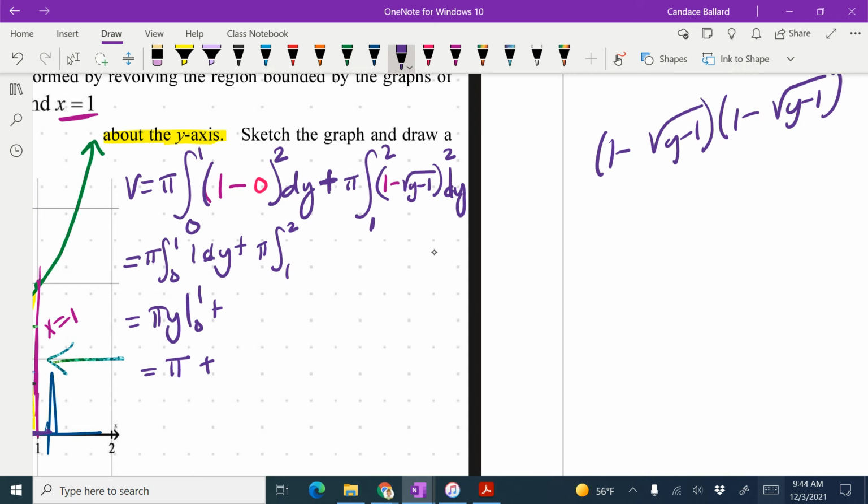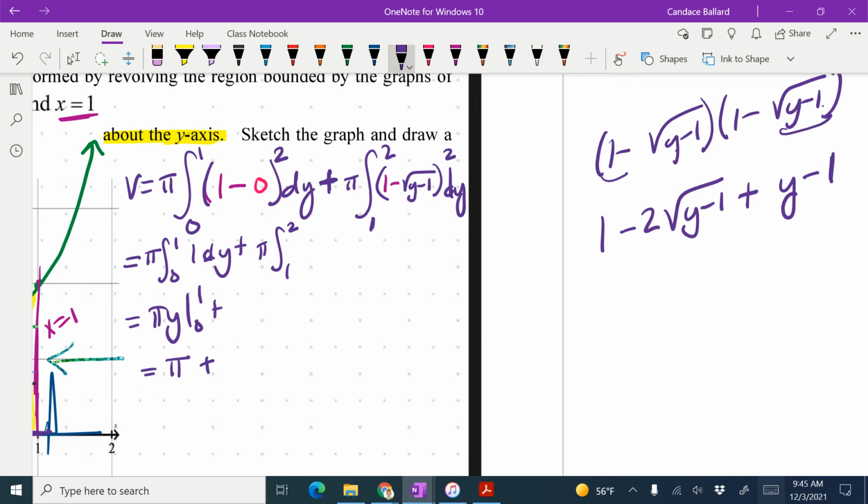All right, so 1 times 1 is just what? 1. We're going to have 1 times this thing, and we're going to have that twice. So wouldn't that give me negative 2 square root of y minus 1? And then a radical times itself is just the stuff underneath, but we're going to have that minus. Oh, no, negative times a negative is going to be positive, so it's just going to be that. I really don't actually need these parentheses here.